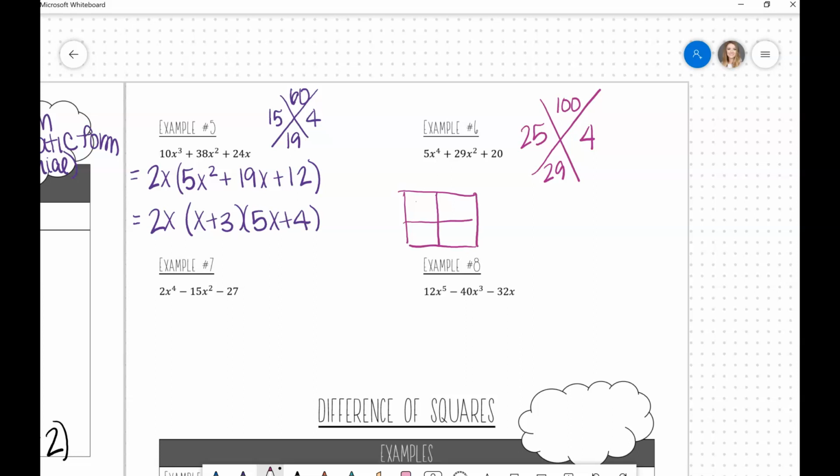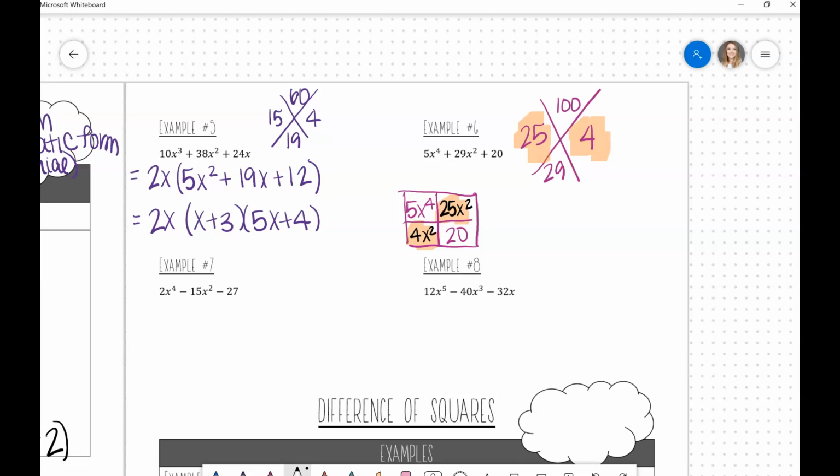Now I need to multiply and get 5x to the 4th up top, multiply to get 20 on bottom here. And again, that box method helps us identify what goes here and here. Now this is the part that's going to be a little bit different. My middle term, these guys right here that combine to get 29, are now x squareds instead of just x's. 25x squared, 4x squared.